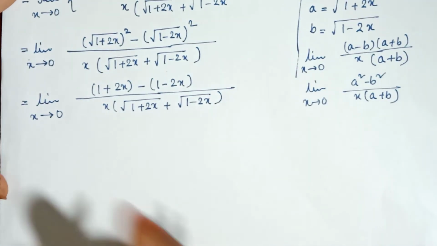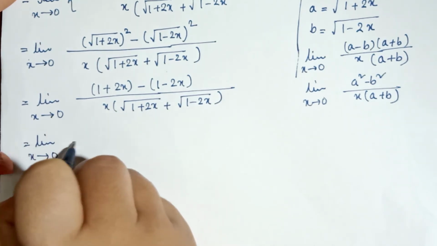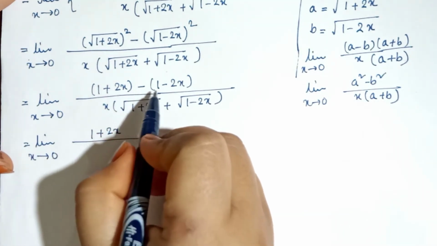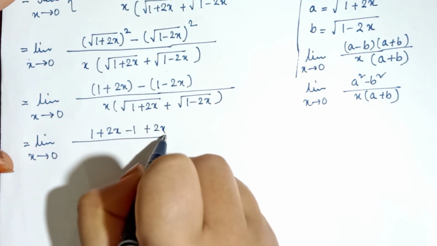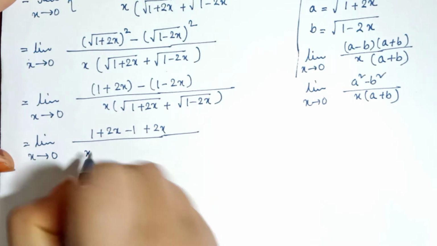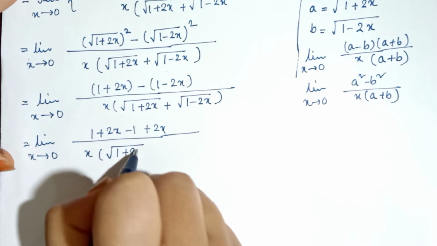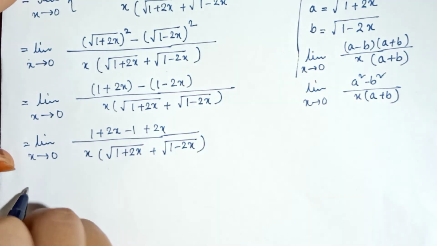Now limit x tends to 0. This is 1 plus 2x. There is a minus sign before the bracket, so it becomes minus 1 plus 2x, and this is equal to x into root over 1 plus 2x plus root over 1 minus 2x.